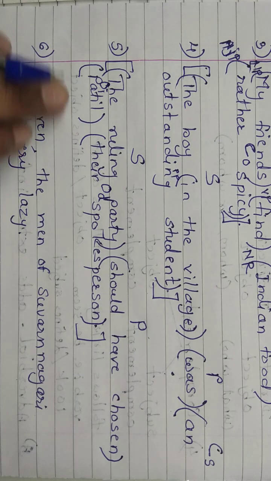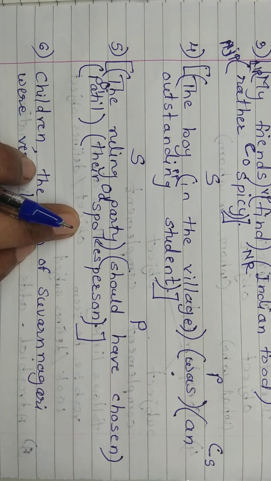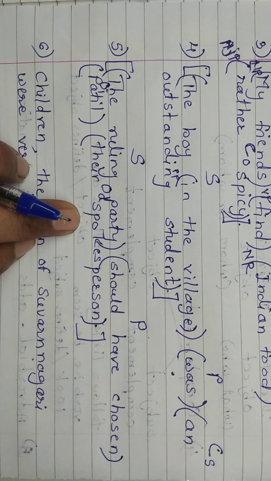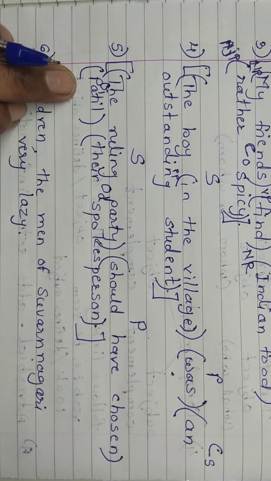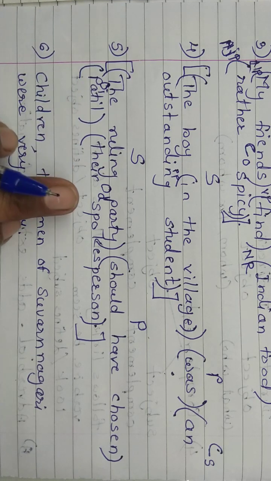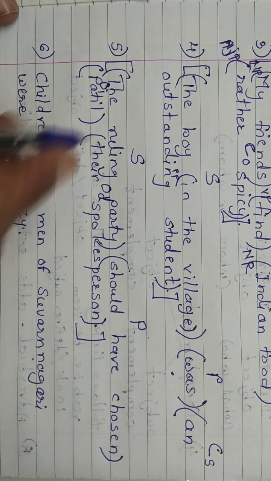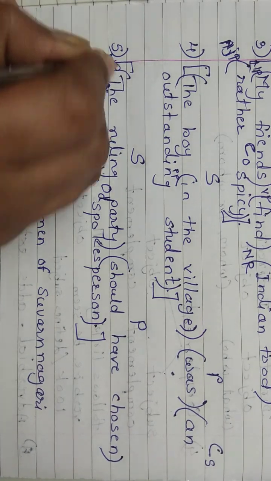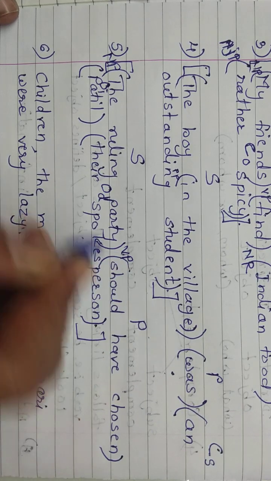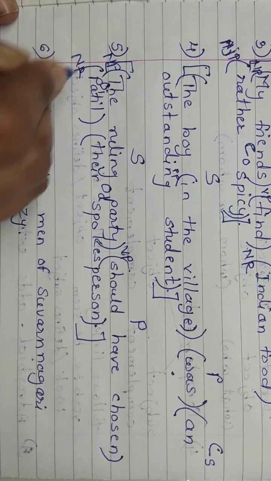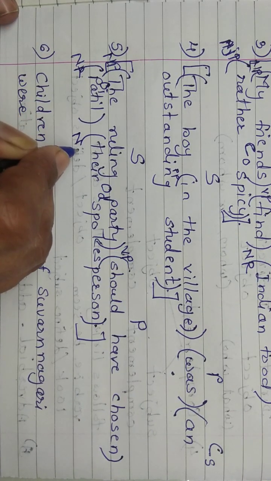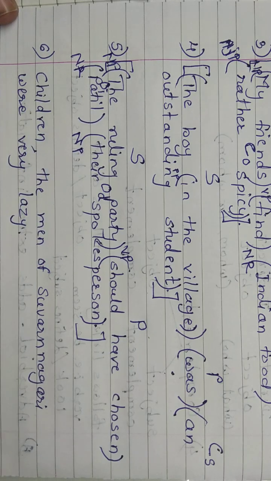Patil their spokesperson. What did they choose? Their spokesperson. Whom did they choose? Patil. So whom is indirect, what is direct.